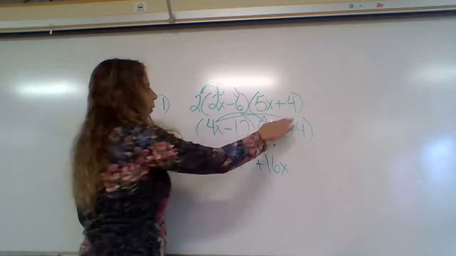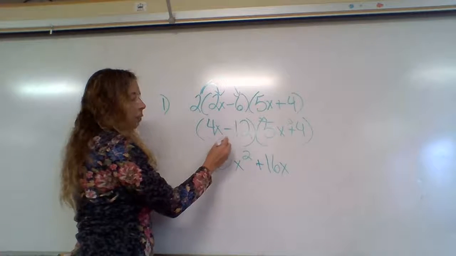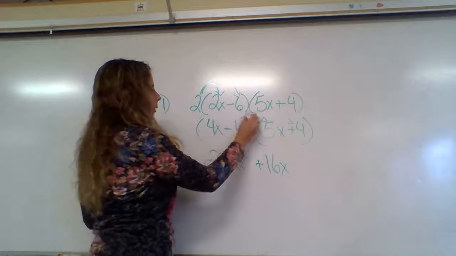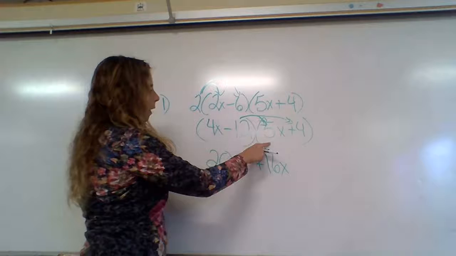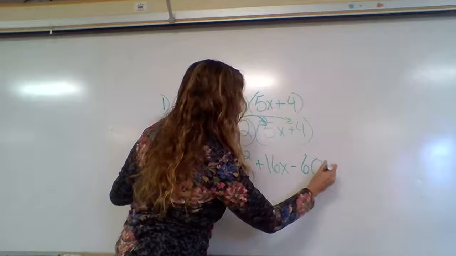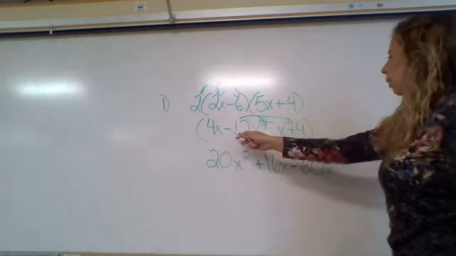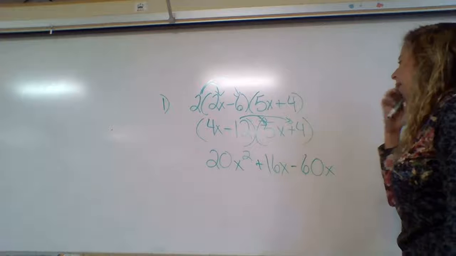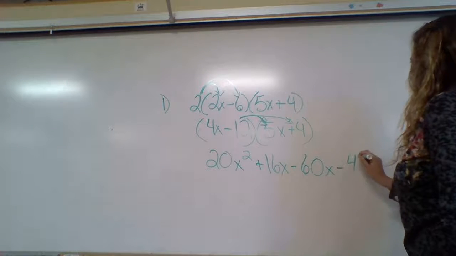All right, we're done with the 4x. Move on to your negative 12. Notice the negative sign. Negative 12 times 5x is negative 60x. And then negative 12 times 4 is negative 48.